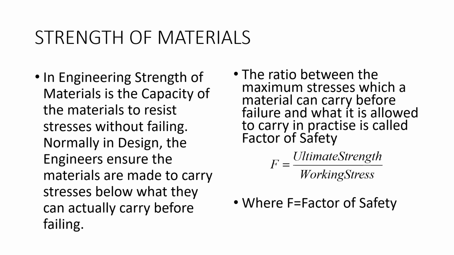Factor of safety is the ultimate strength over the working strength, or what we allow the materials to work under. So you allow them to work under a lower amount of load. So F is the safety factor, so that you don't allow your material to be loaded up to the ultimate strength.